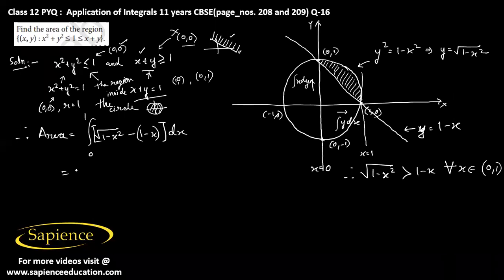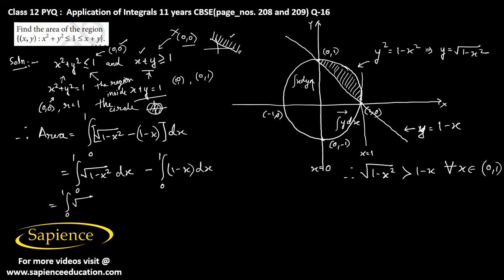So this we can write as the integral from 0 to 1 of square root of 1 minus x squared dx, minus the integral from 0 to 1 of (1 minus x) dx.